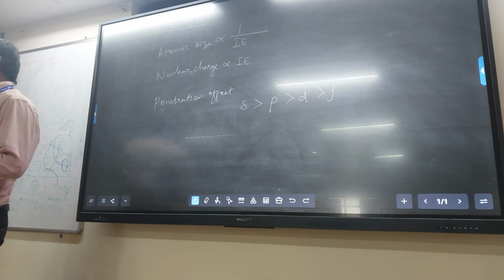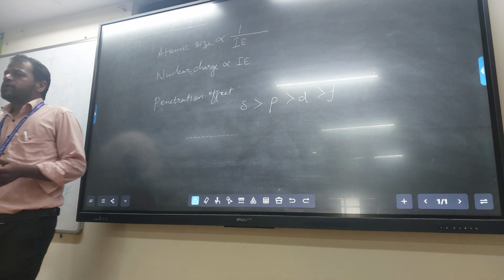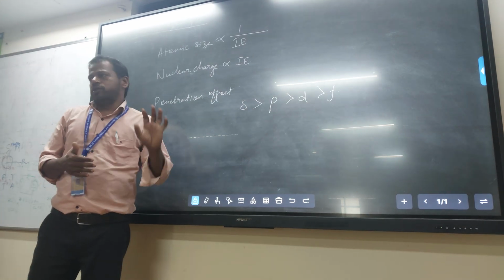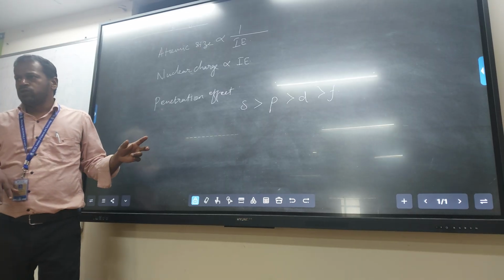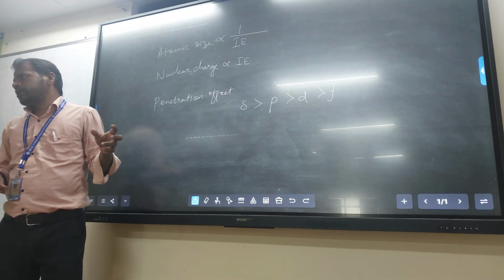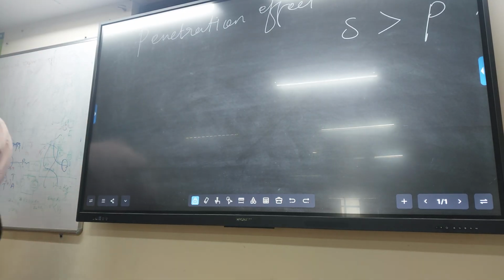So we cannot remove it easily from the s orbital. Then d and f orbital electrons we can easily remove because of less screening effect. So these are all the factors affecting the ionization energy.